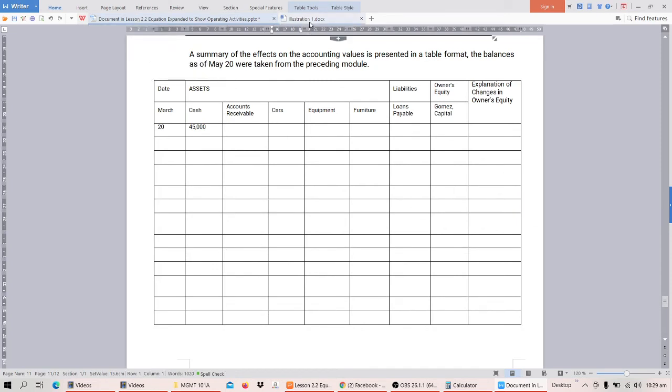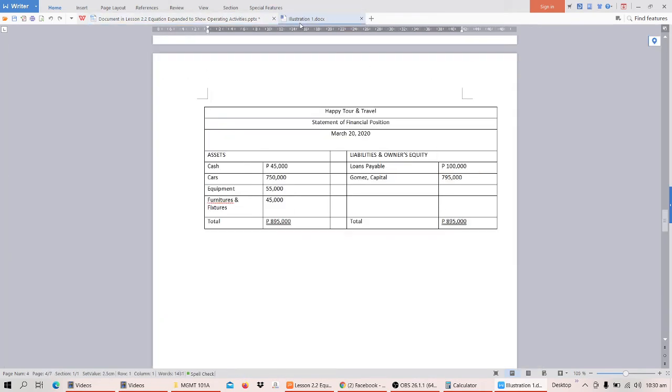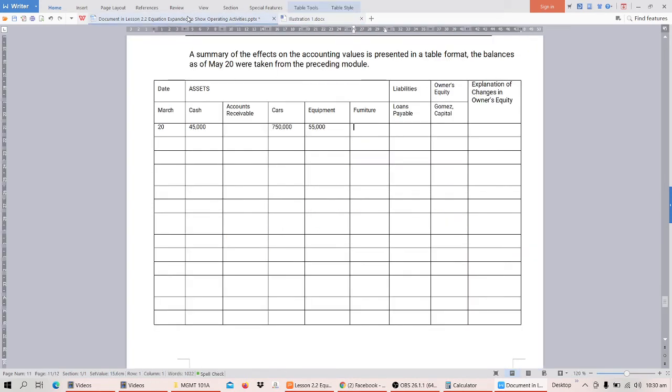Then the car or the vehicle is 750,000. The equipment is 55,000, and the furniture and fixtures is 45,000.